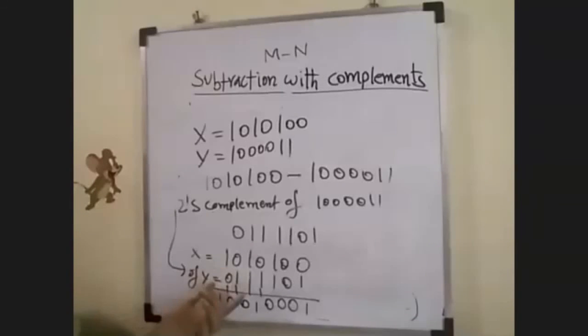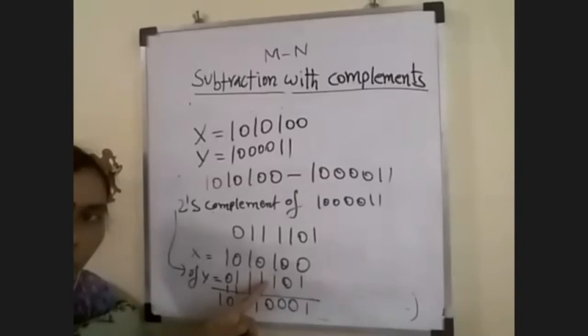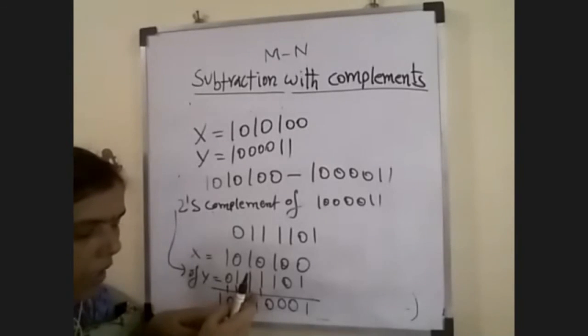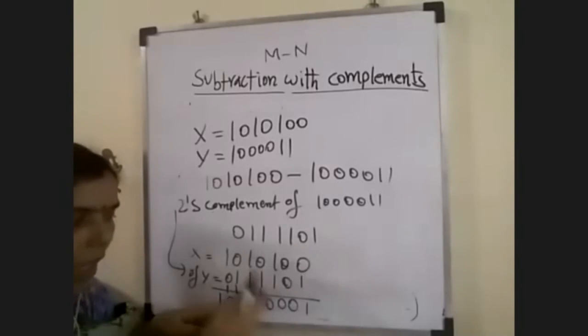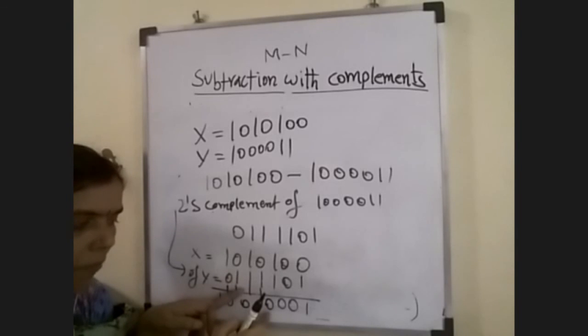If you have an idea about binary addition, then you can easily add these binary numbers. So here 0 plus 1 is 1, 0 plus 0 is 0, 1 plus 1 is not 2 but 10. 1 plus 1 is nothing but 2, and the value 2 is 10. So here carry will be 1 and sum will be 0. And 1 plus 1 is 10, carry will be 1, sum will be 0.